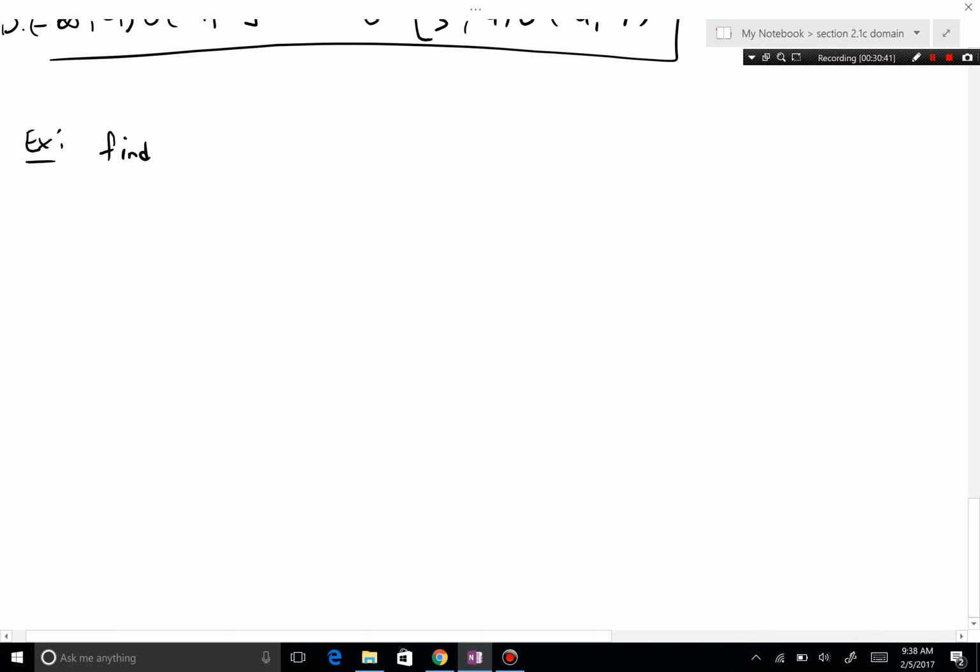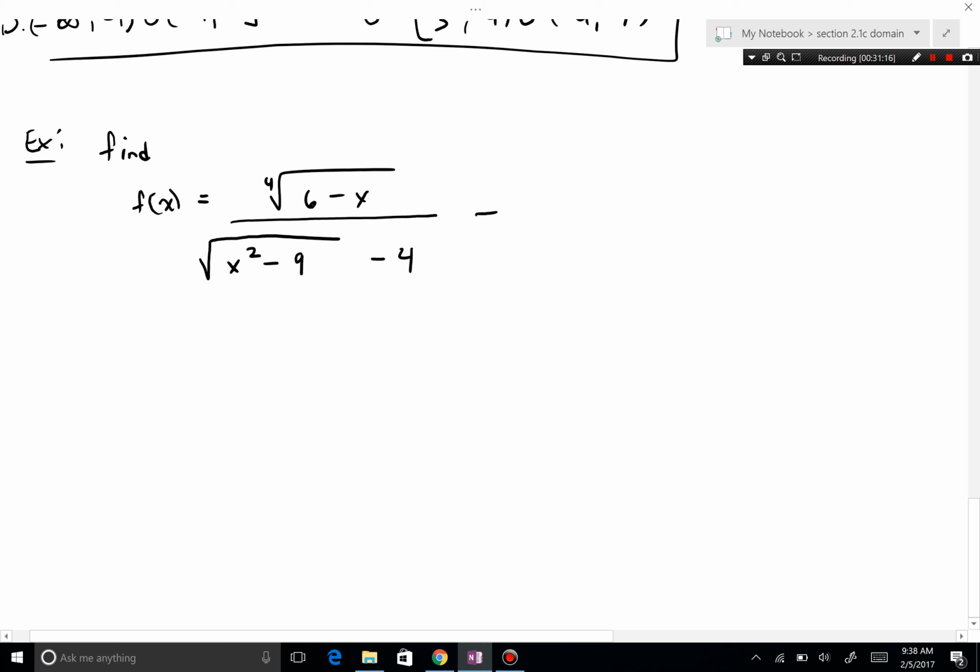Solve this one. Find the domain of f of x equals the square root of 6 minus x all over the fourth root of the square root of x squared minus 9 minus 4 plus e to the x.